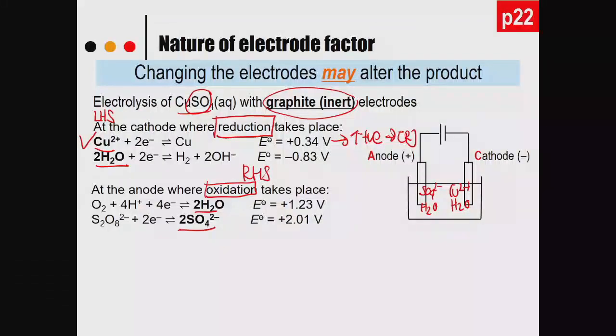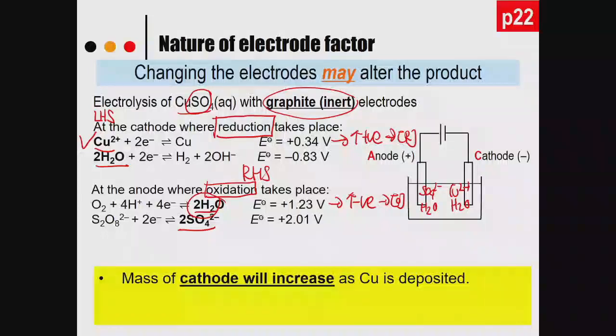Then how do you decide which one is oxidized? I compare the E0 value again. For oxidation, I look for the one that is more negative. So +1.23 is more negative. Therefore, it will be the one that undergoes oxidation. Hence, at the anode, water will be the one that is oxidized.